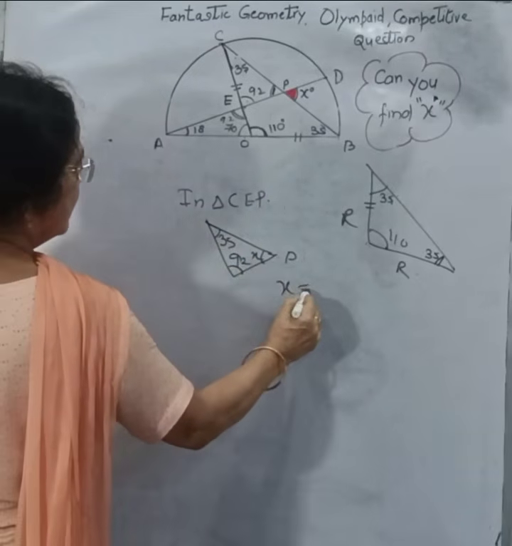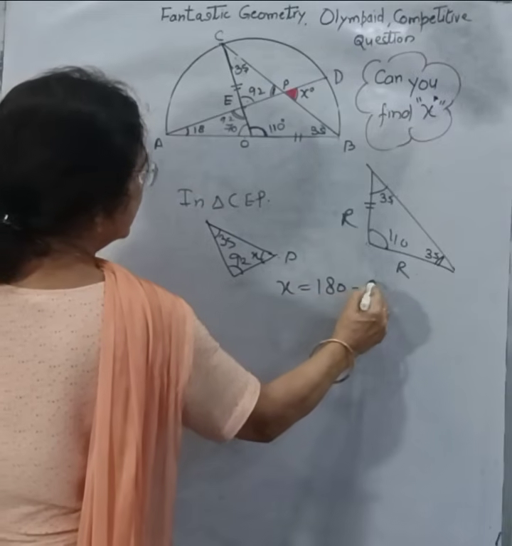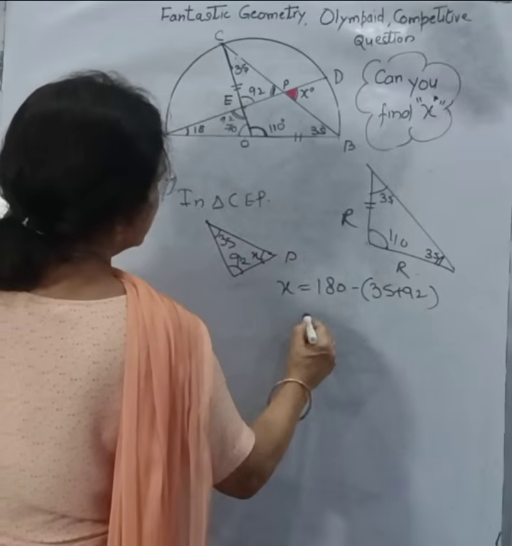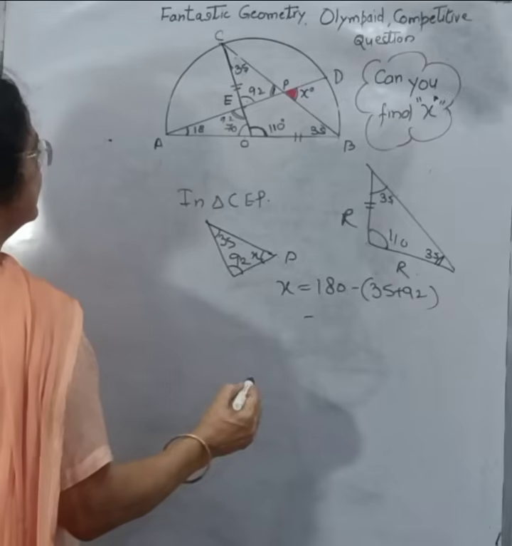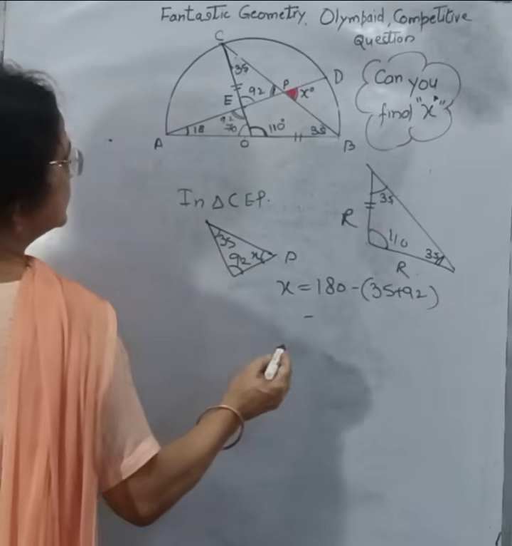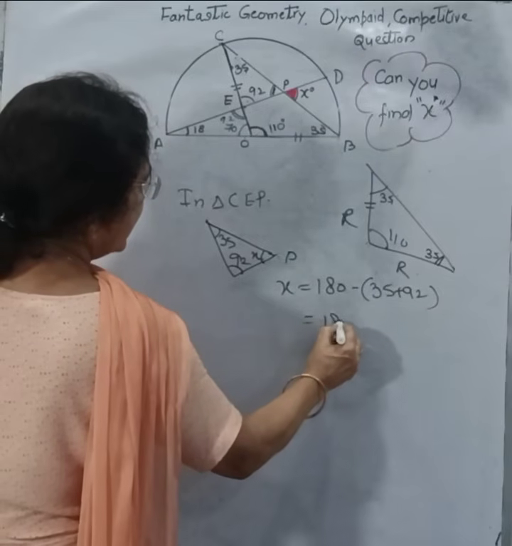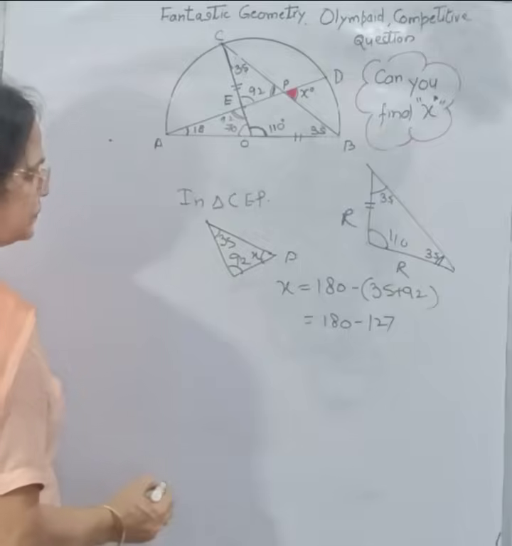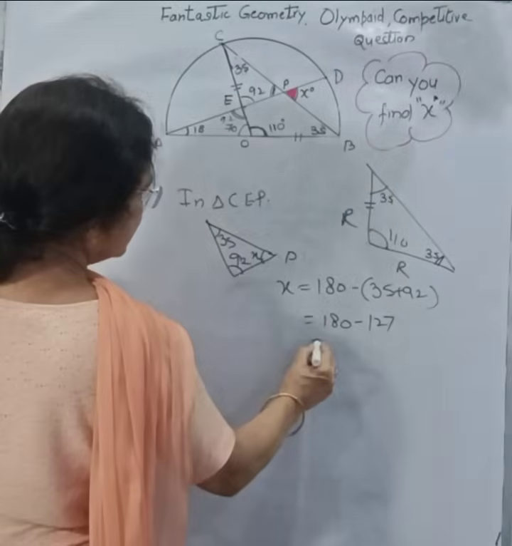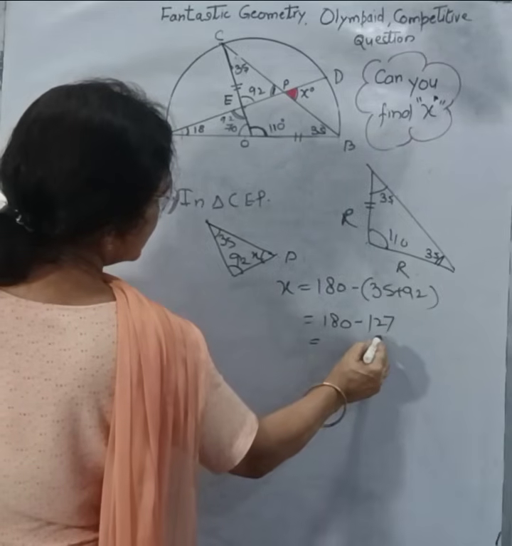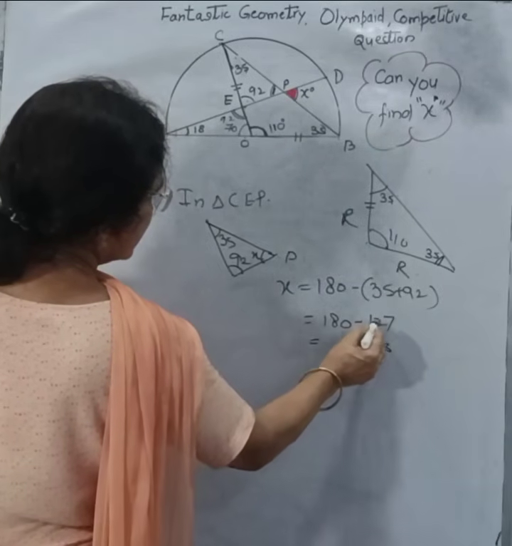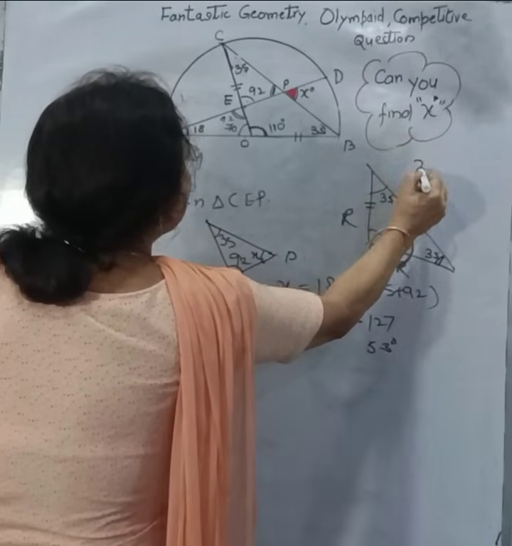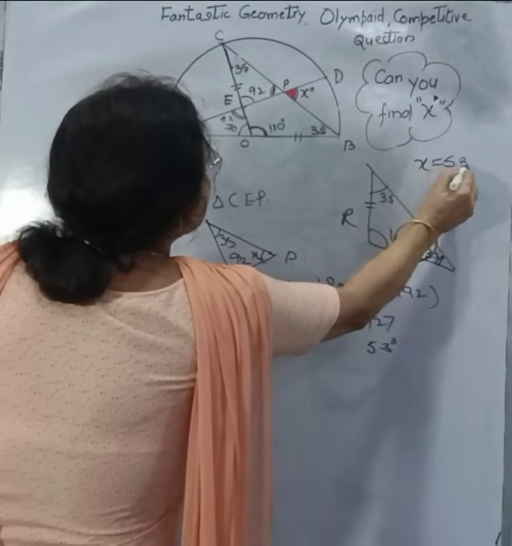So x will be equal to 180 minus (35 plus 92). That is 92, yes, 92. Okay, this is equal to 180 minus 127. It is equal to 53. x will be equal to 53. This is the answer.